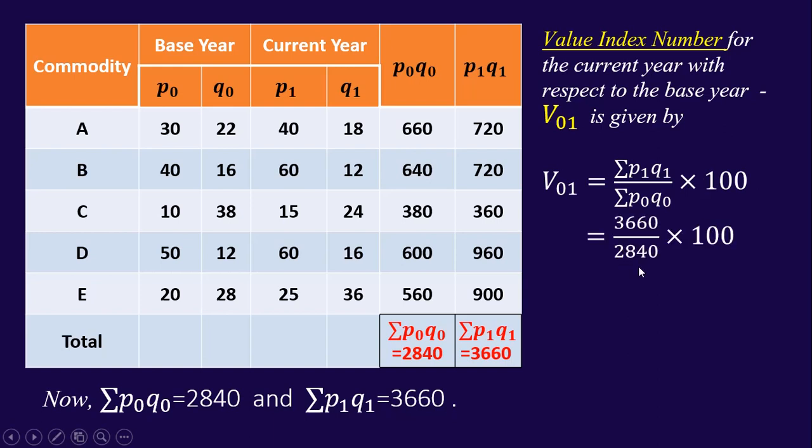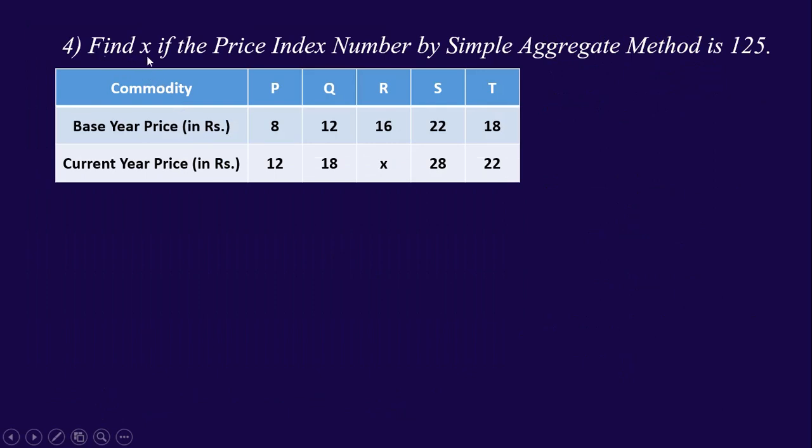We substitute these two values, 3660 upon 2840 into 100. It is equal to 128.87. So the value index number is 128.87.